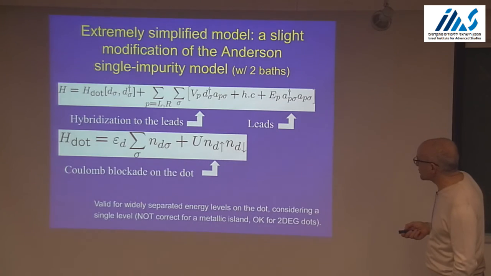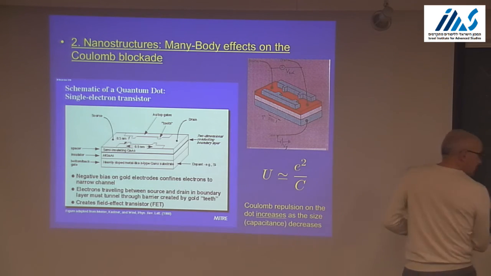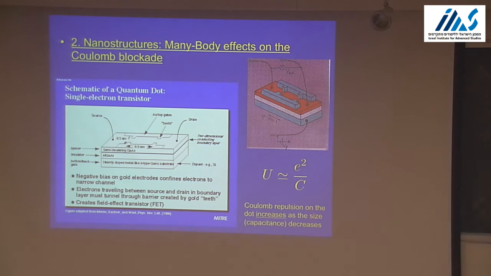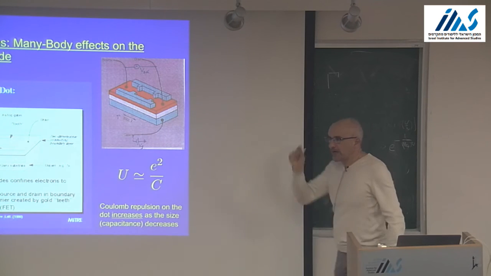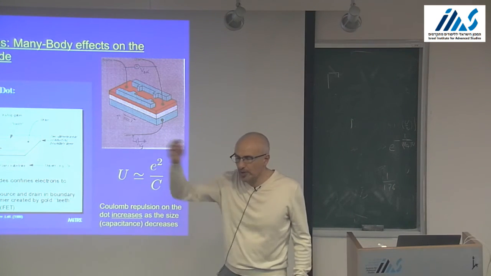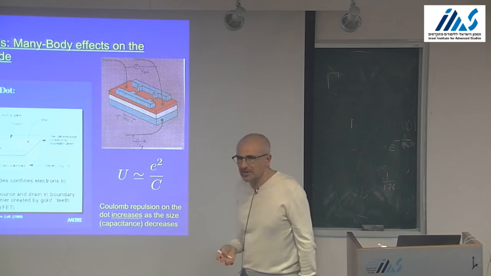I should have introduced before a very important quantity, which is the width of the virtual bound state. Can you see if I write here, sort of? Okay. So the width gamma of my atomic level, which is now coupled to a reservoir, will be given, obviously, by the Fermi golden rule.